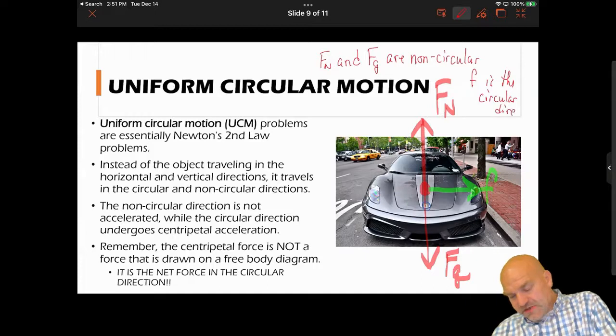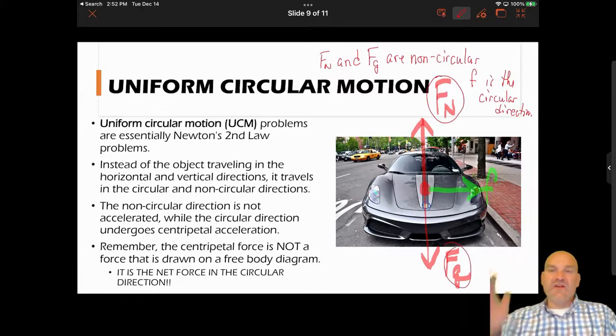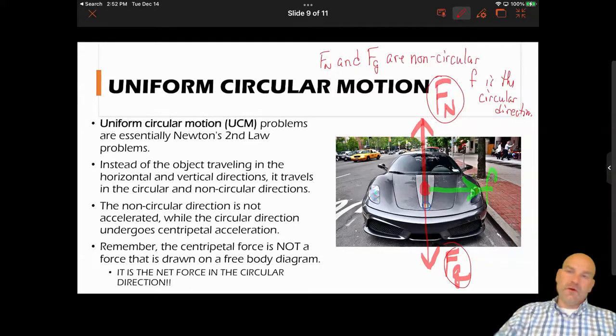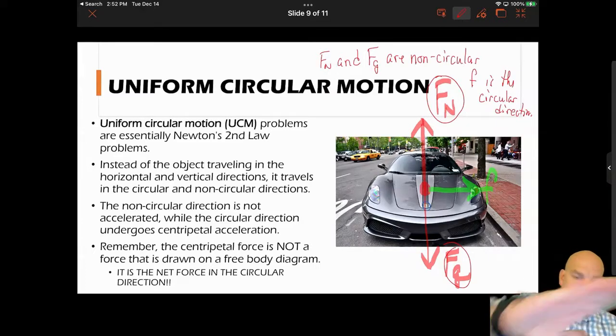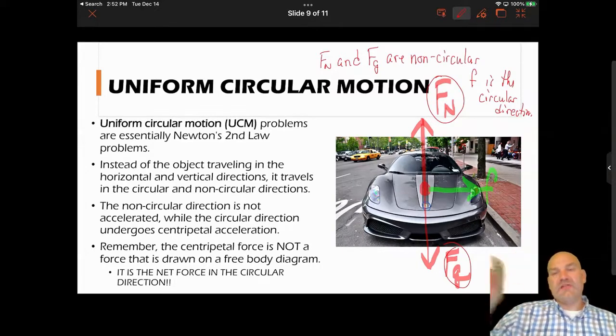Because there will be problems where these two actually sit in the circular direction. If I'm taking a loop in a roller coaster, those two, normal force and weight, would be in the circular direction. But on a car taking a turn, they're non-circular, which means those are the non-accelerated directions, and friction would be the accelerated direction.